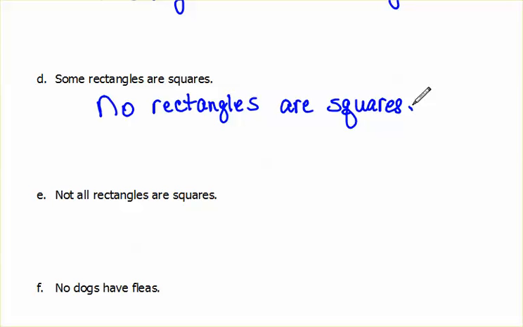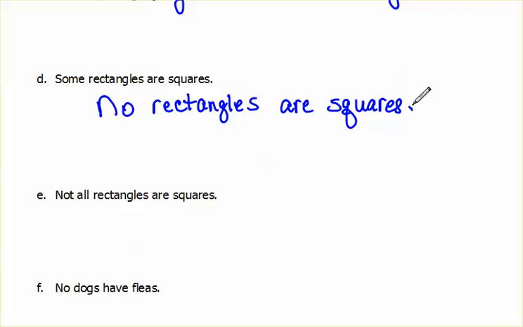Okay. Now here's another one that says not all rectangles are squares. Not all. Do you have any ideas on this one? What are you thinking? Not all rectangles are squares.